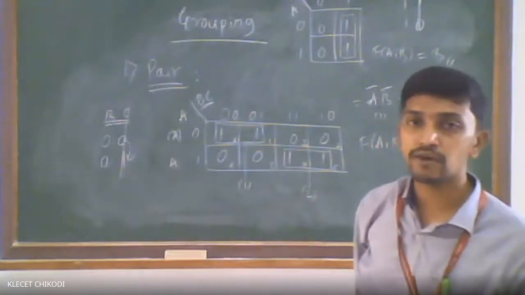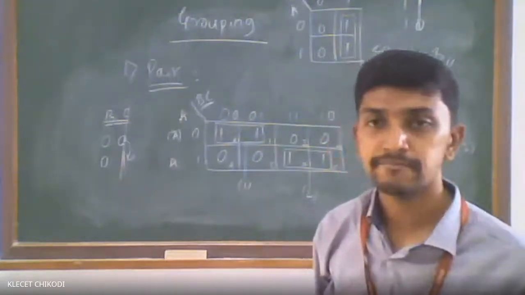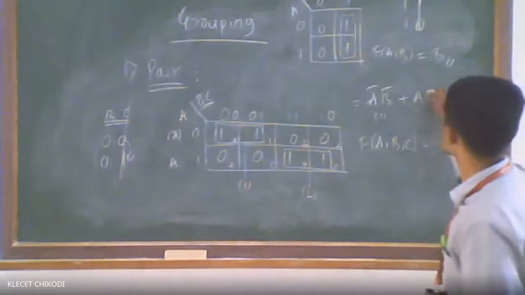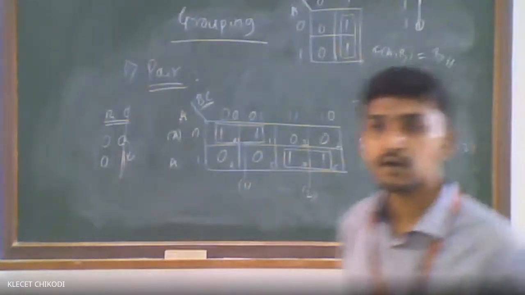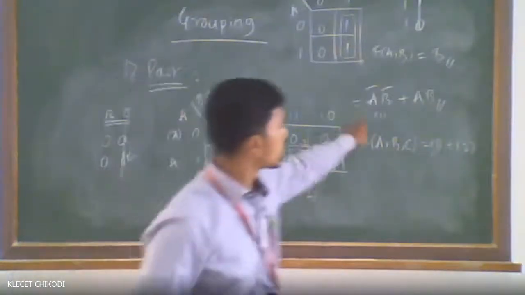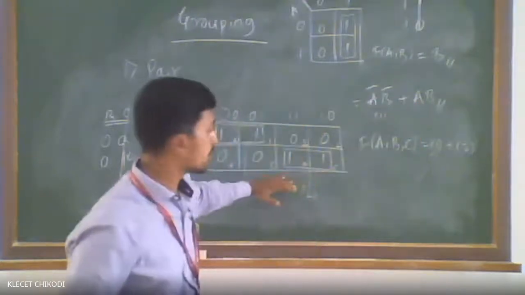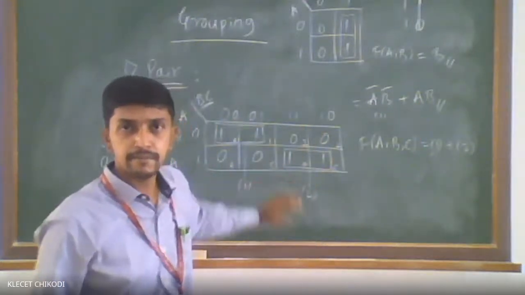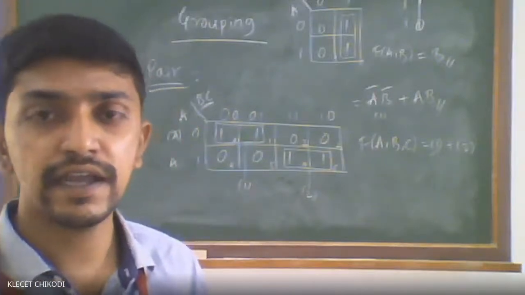So which variable do you have to consider? It will be B. So this is how we have got A bar B bar plus AB from the K map itself. Is it clear?